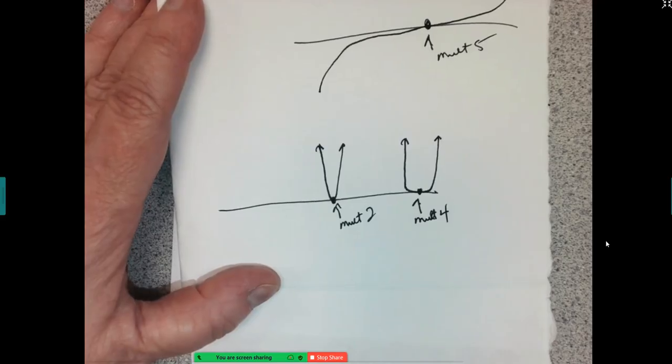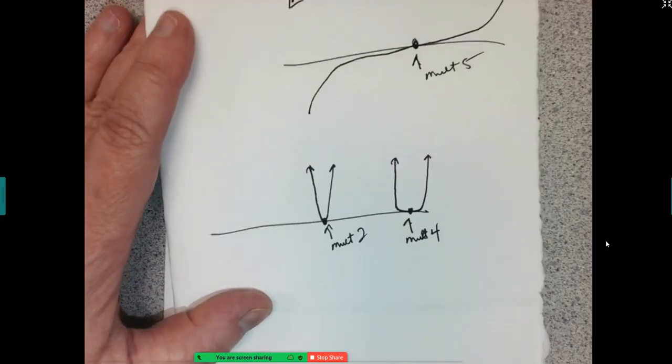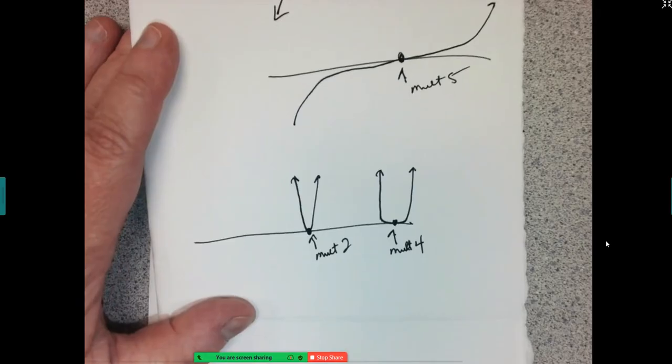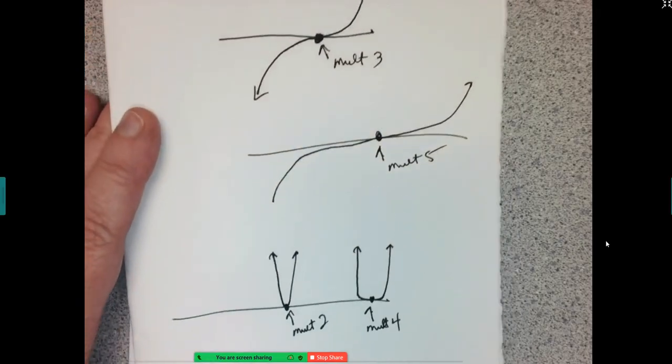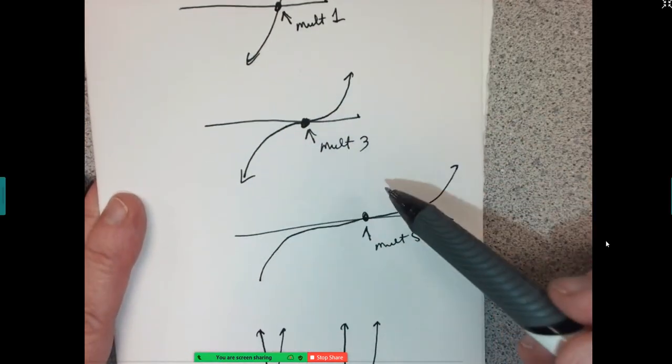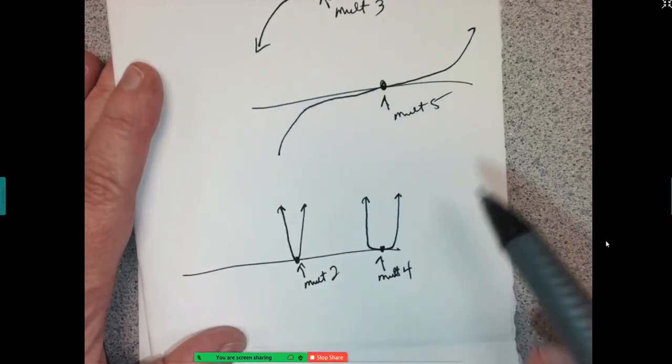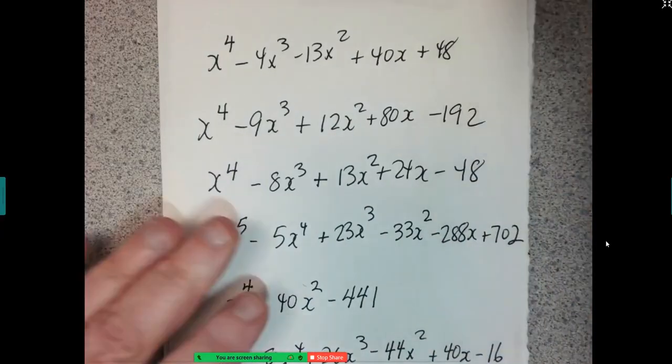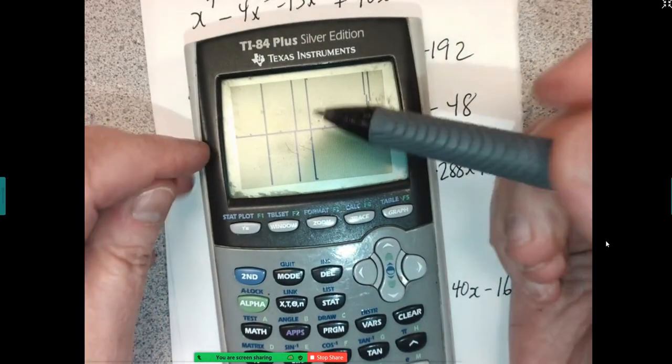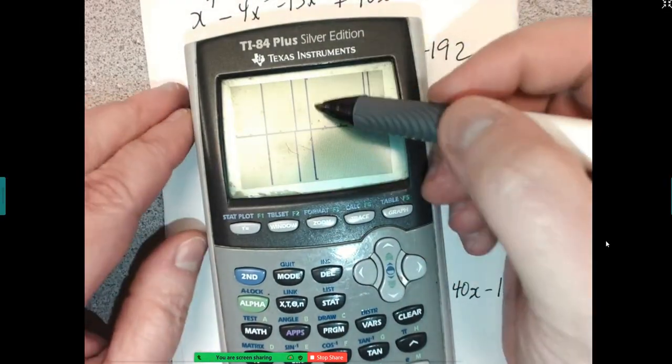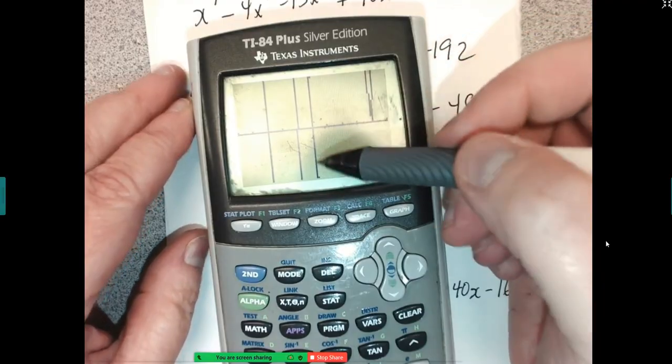Okay, so if it's odd multiplicity, it crosses through. If it's even multiplicity, it touches and bounces back. But also, the higher the multiplicity gets, the more flattening effect you see. So when I'm looking at this, here's my y-axis.